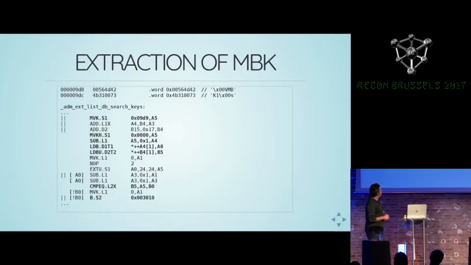The first two bold instructions load the address of this string, vmbk1, to register A5. 1 is subtracted, it's loaded to A4. B4 holds a pointer to the database, the string that's the name of the database that we're going to load. And all this is a part of a memcompare, not the full memcompare.